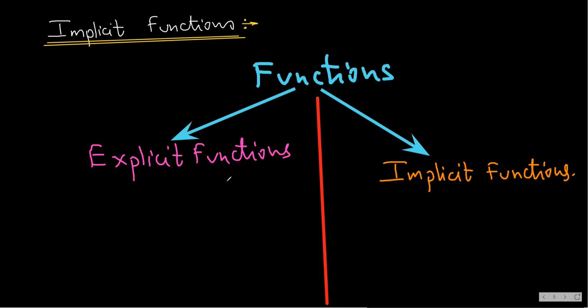See, if x and y are real variables, what does that mean? It means they are variables and they assume only real values, real numbers.